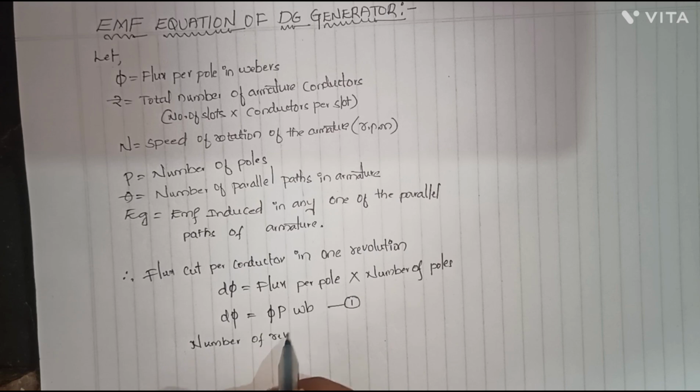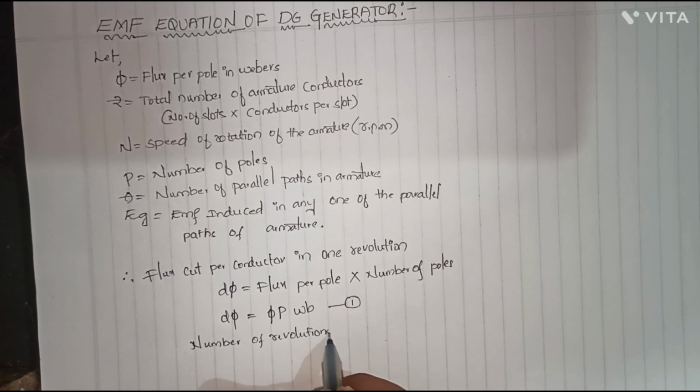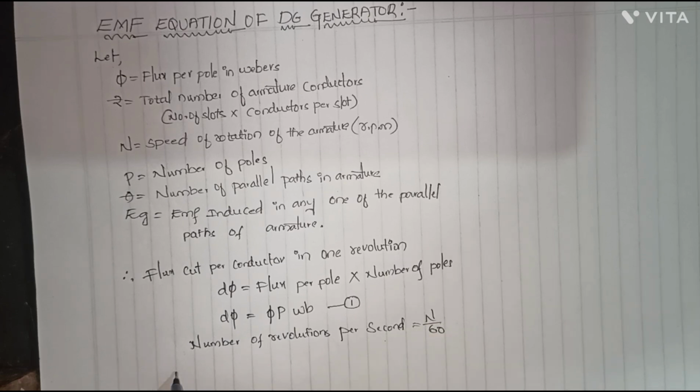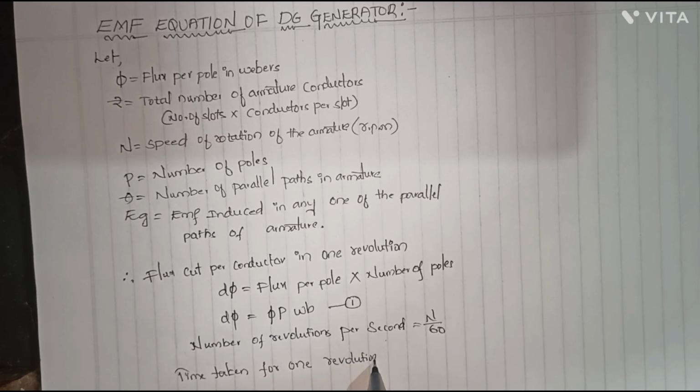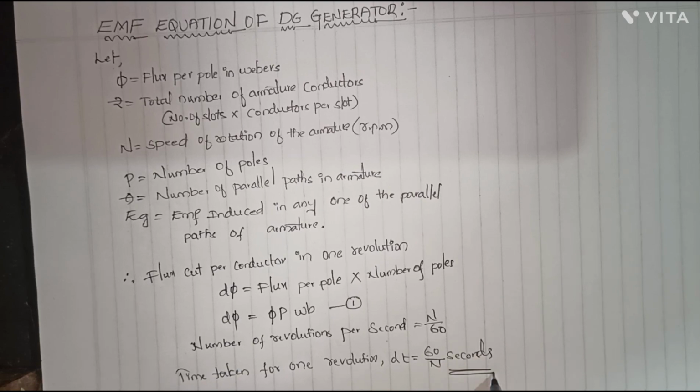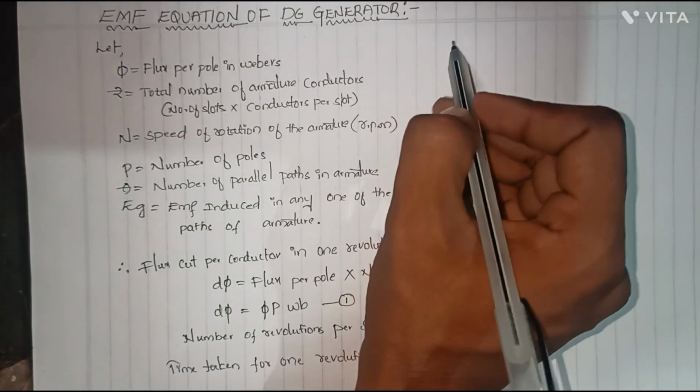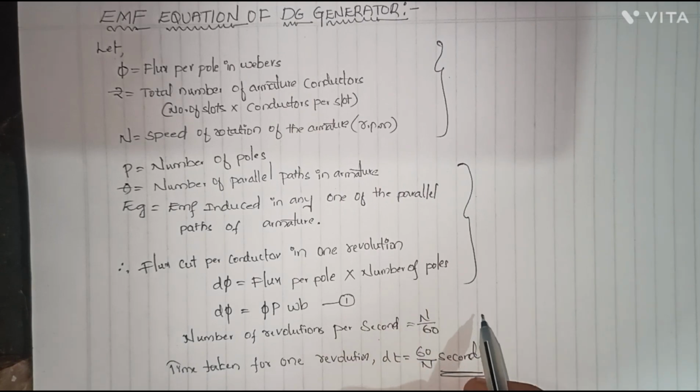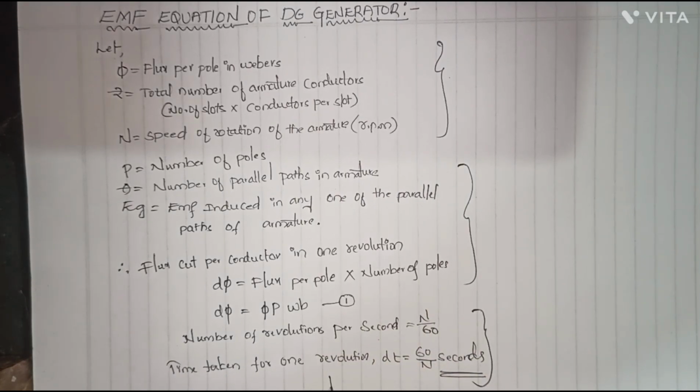Number of revolutions per second equals N by 60. Time taken for one revolution, dt equals 60 by N seconds.